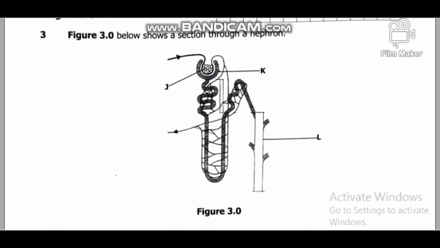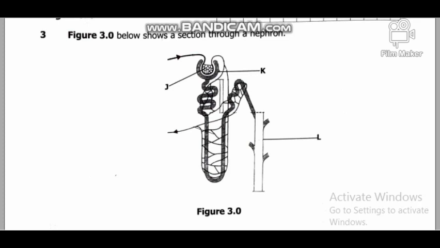So this is a nephron. If you've been given a question, before you answer it, make sure that you go through the diagram and understand all the labeled parts, so that it becomes simple for you to answer the question. Part J is called the glomerulus. Part K is the Bowman's capsule.